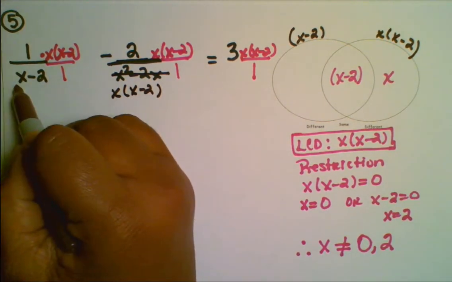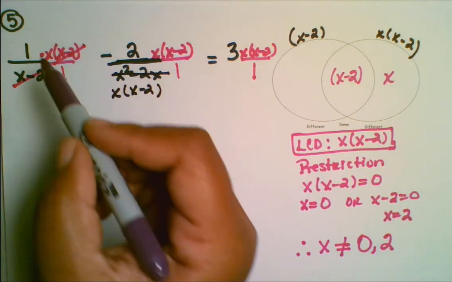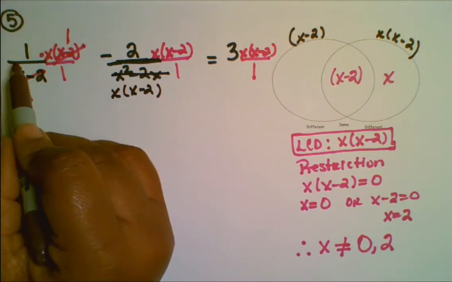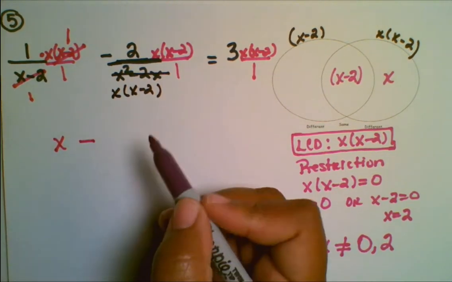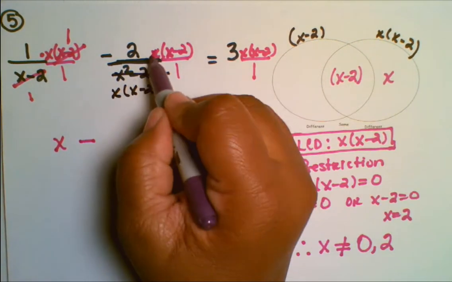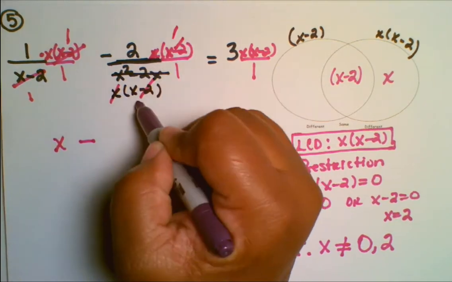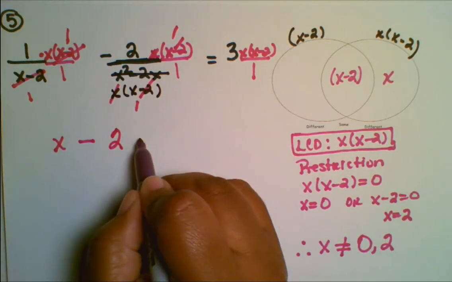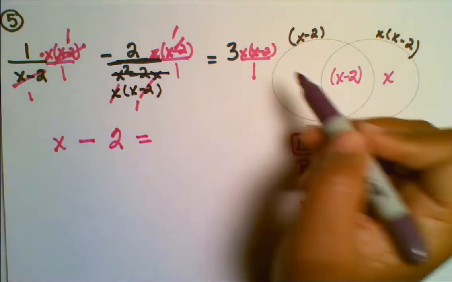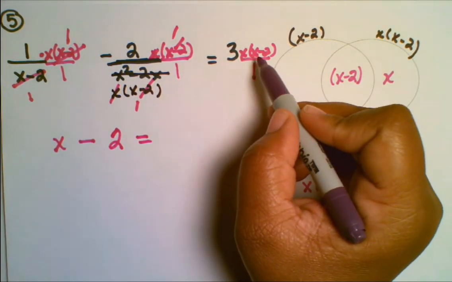The x minus 2's for the first term divide out, and we're left with x times 1. That gives us x minus the next term. The x's divide out, the x minus 2's divide out. We have remaining 2 is equal to, let's look at this next one, 3x times x minus 2.